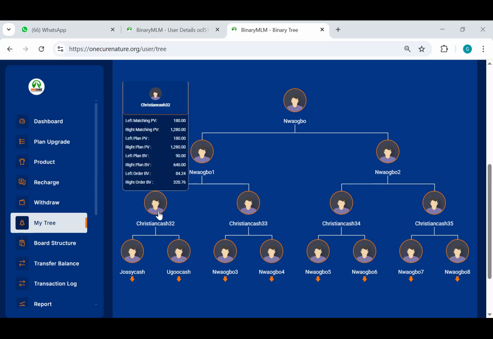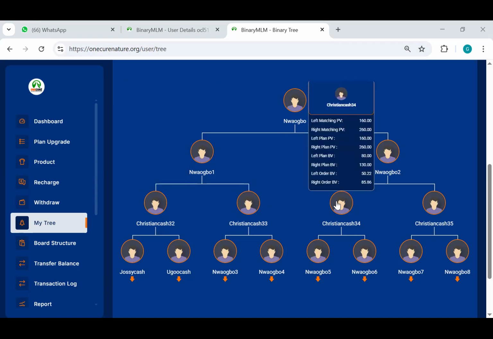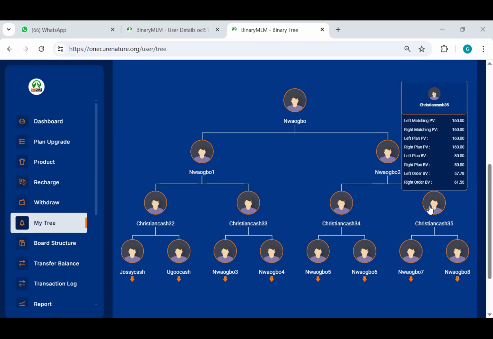Each person, like this Christian Cash that is here, can occupy this place and take it down. Another person can occupy this place and take it down. Another person can occupy this place and take it down. This is one thing that the system can do for you.